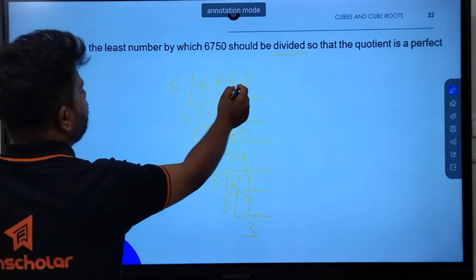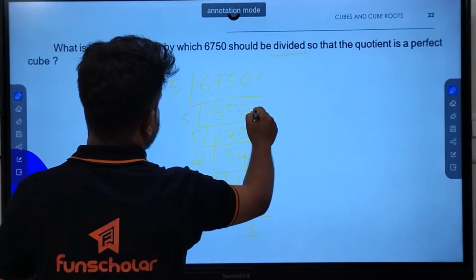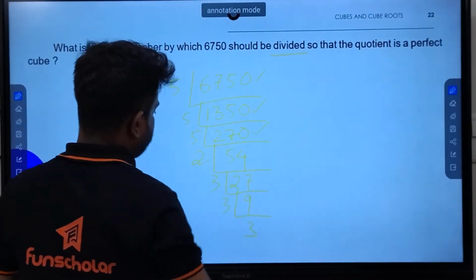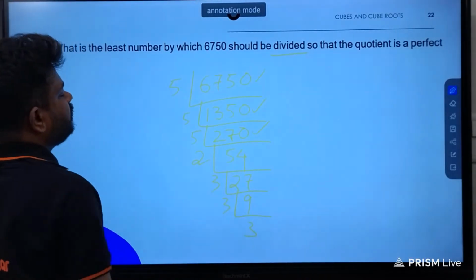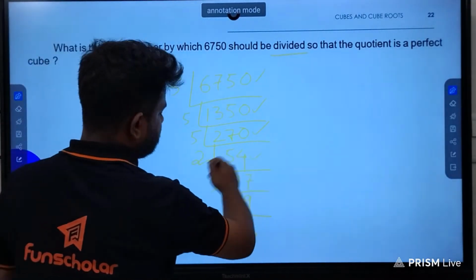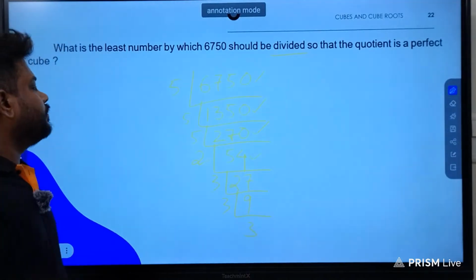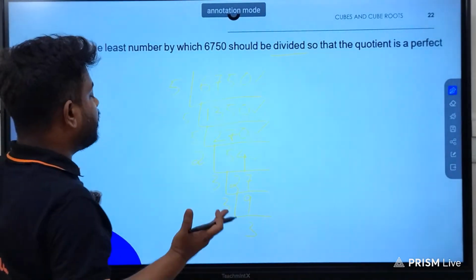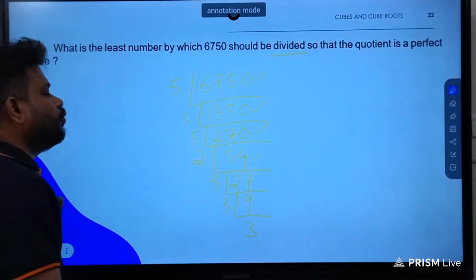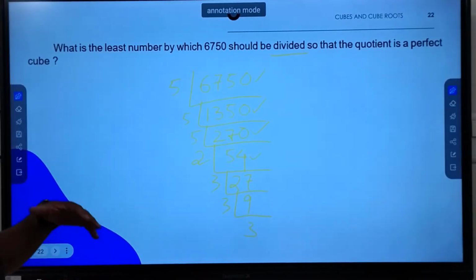So this one will be divided by 5 because of 0, this one is also because of 0, this one is also because of 0. This one I have divided by 2 because 4 is an even number and 54 is also an even number, and 27 is the cube of 3.